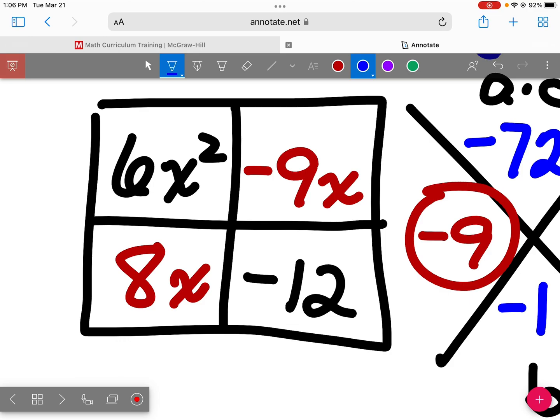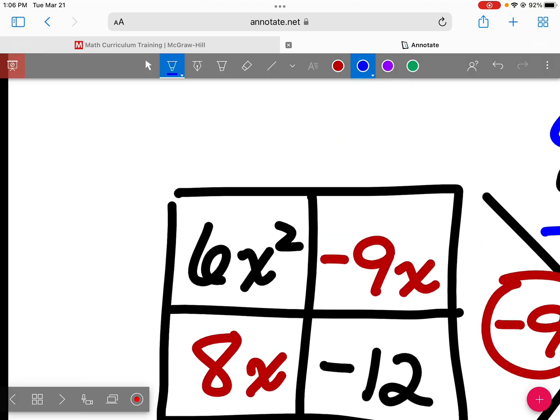I have to be careful when I'm pulling out my greatest common factors here. When I look across the top, I need something that goes into both 6 and negative 9. 3 goes into both of them, so 3x. 6 goes into 6, but 6 doesn't go into 9, so I can't use 6 there. I need something that goes into both pieces. Down across the bottom now, 8x and negative 12.